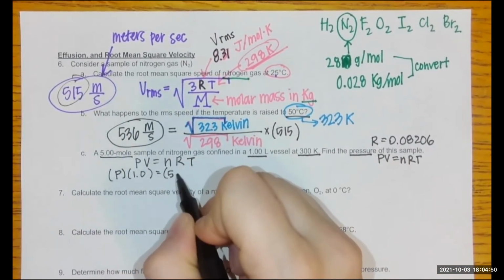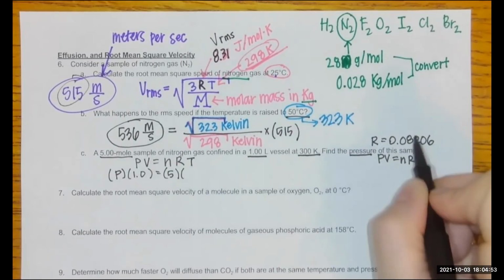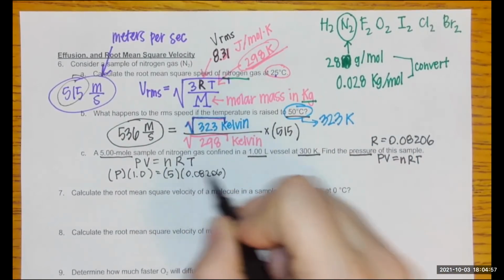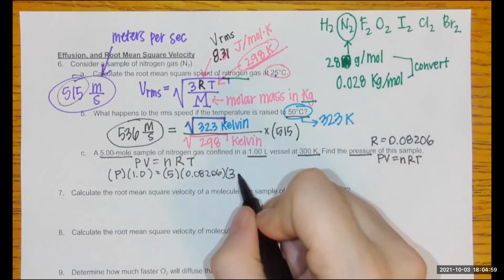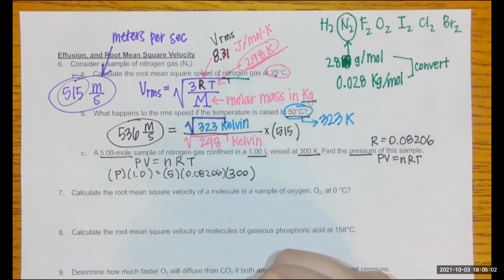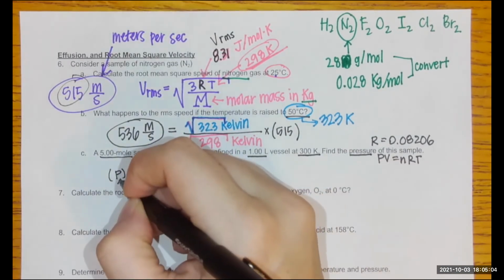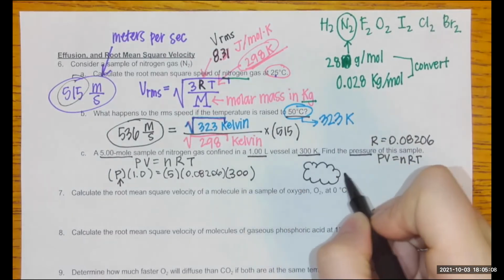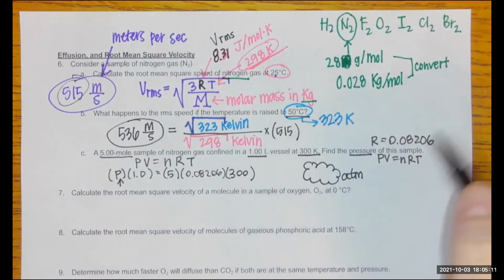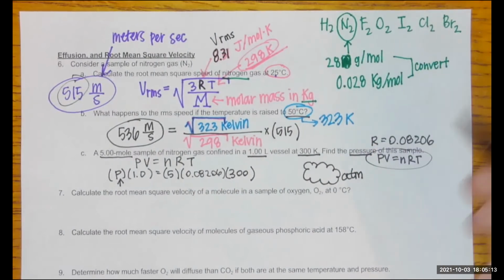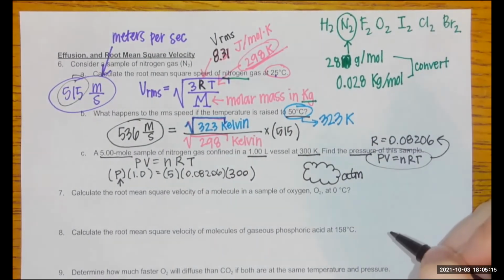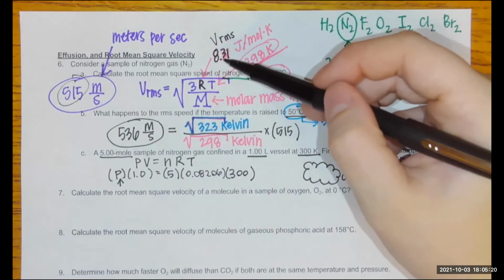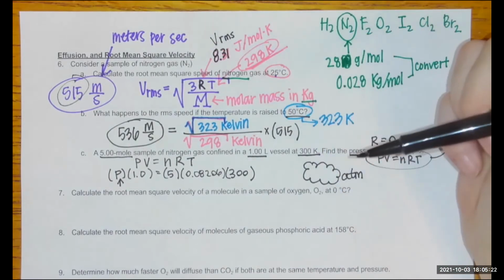You have 5 moles, 0.08206 is R, and the temperature is 300 Kelvin. Solving for pressure, you'll get an answer in atmospheres. PV equals nRT requires this R. Root mean squared velocity uses 8.31.